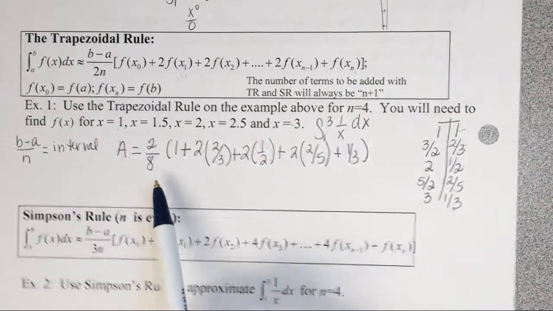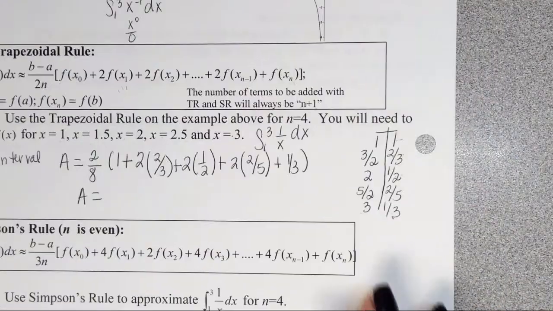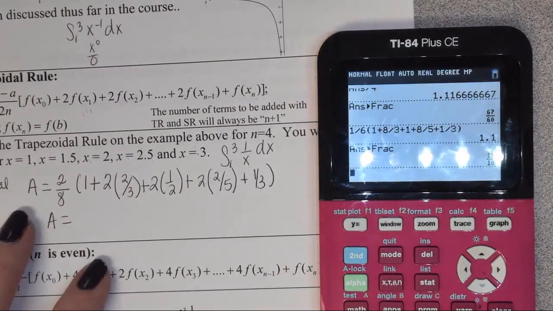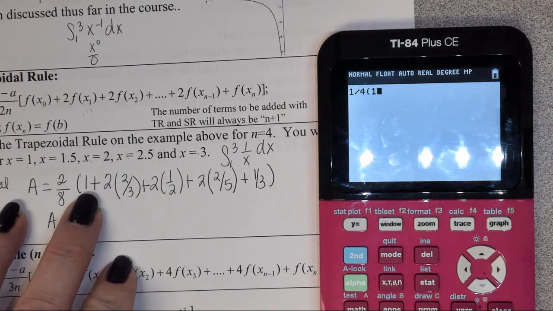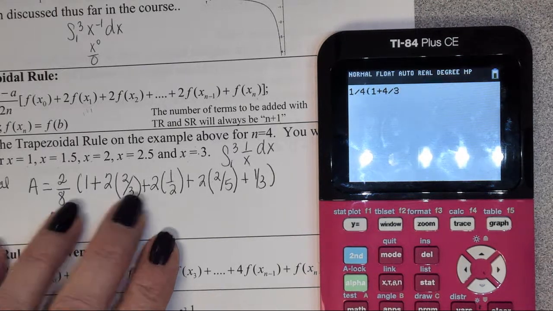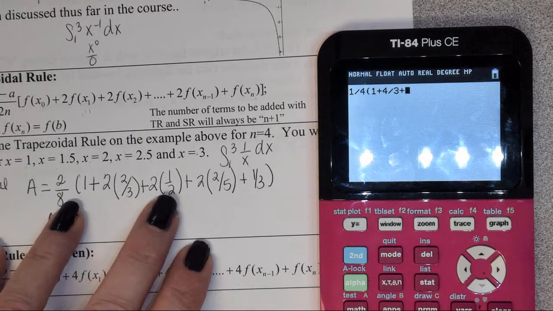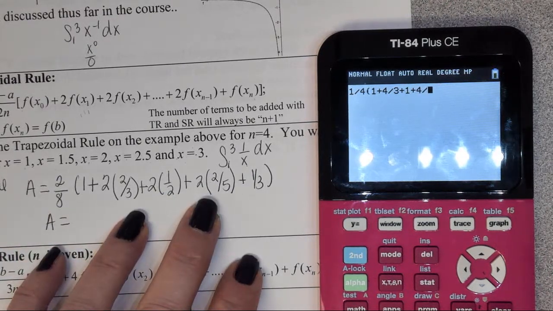All right, so this right here should give me a pretty good estimate. So we just type this into the calculator now. So we're going to do, this would be 1/4, and then 1 plus, I'm going to go ahead and multiply these, 4/3, plus 2 times a half is 1, plus, that's 4/5, plus 1/3.